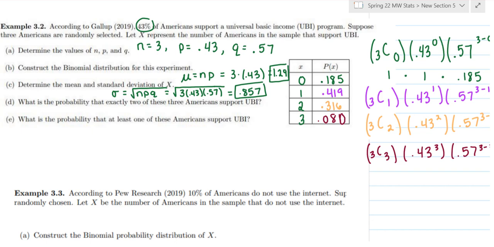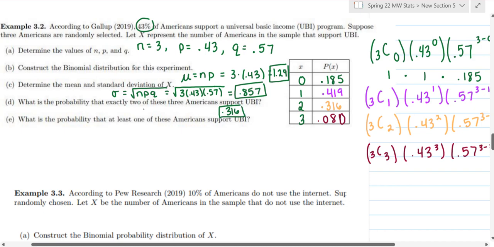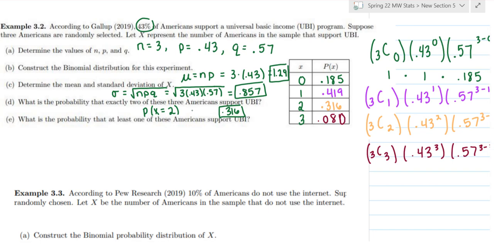Okay, then part D. What is the probability that exactly 2 of these Americans support UBI? That's just right here, this 0.316. And then what is the probability that at least 1 of these Americans support UBI?